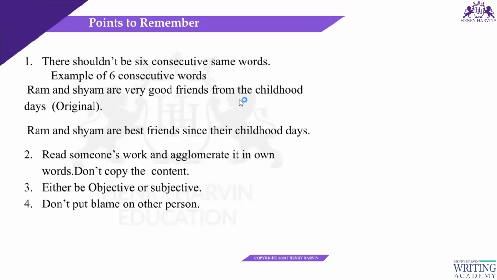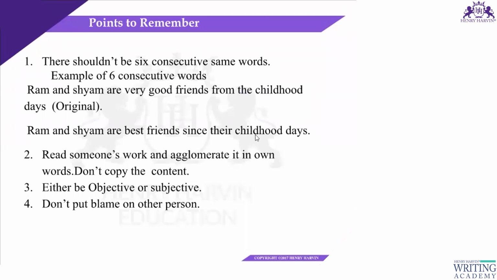Now we need to rephrase this in our own words, retaining the original meaning. So Ram and Sham are best friends. It's said very good friends here. We need to make sure that we do not repeat 6 consecutive words. So instead of very good, we are replacing it with best friends since their childhood days.